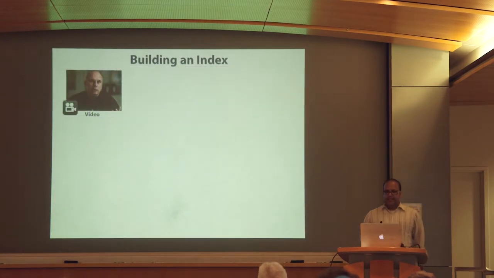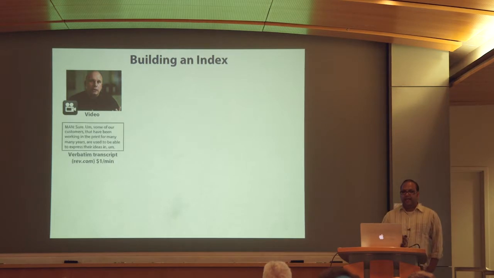So to build the index, we start with the raw video footage, and we obtain a verbatim transcript using the crowdsourcing service rev.com. This is an off-the-shelf service. You give it a video, it gives you back the transcript. It costs about $1 a minute, and it includes all of the uhs, the ums, the stutters, and the speech.